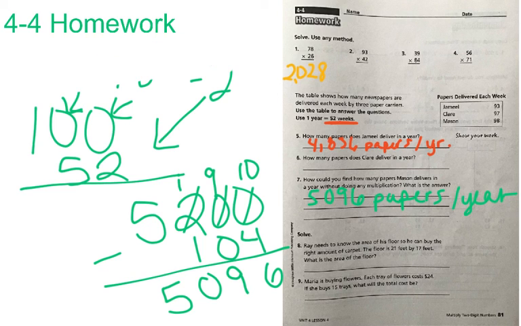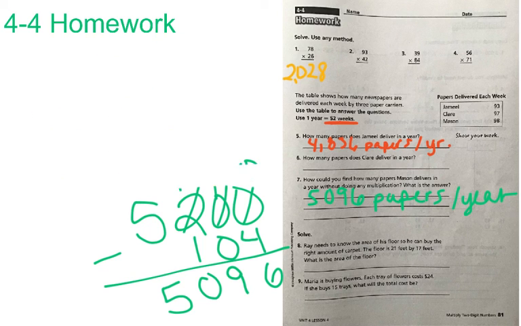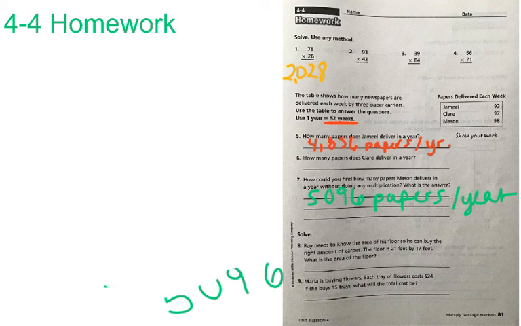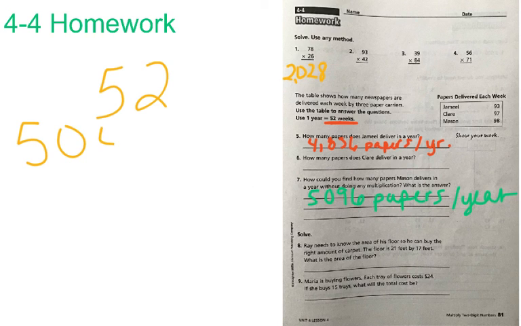Another way that you could look at that is if Mason is delivering 98 papers per week and Claire is delivering 97 papers per week, he's delivering one more paper per week than Claire. So really, he's delivering 52 more papers, because it's one more per week, and there's 52 weeks. Just add that to Claire's total, and you're again not multiplying, but just adding.